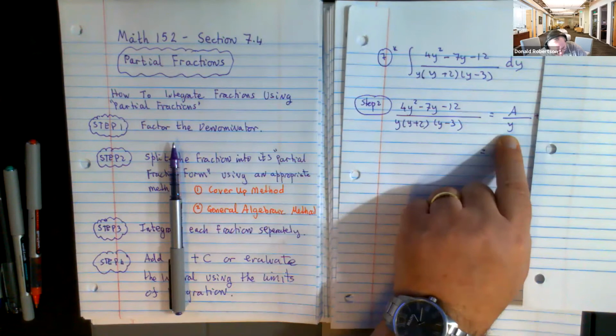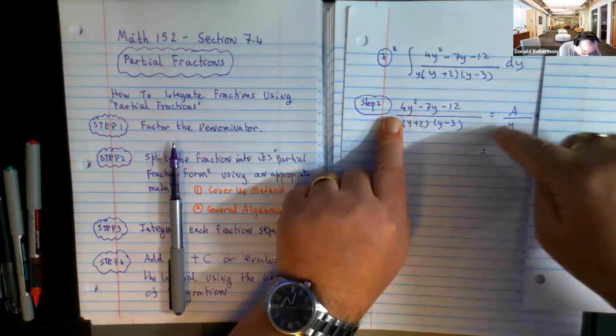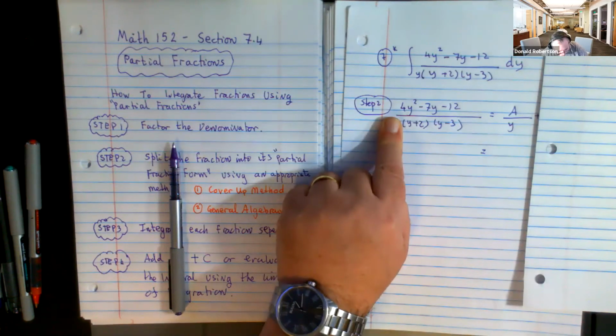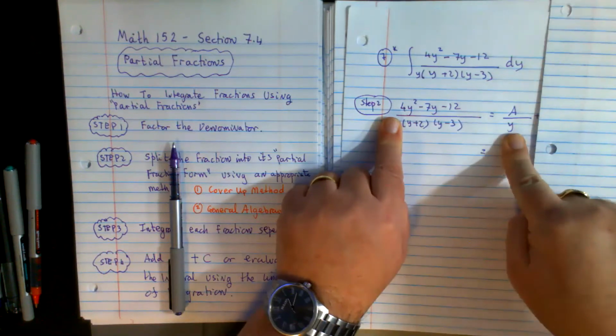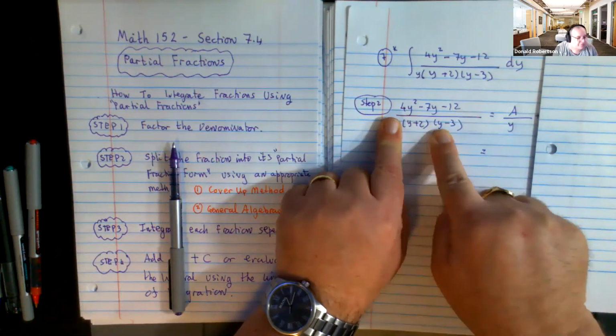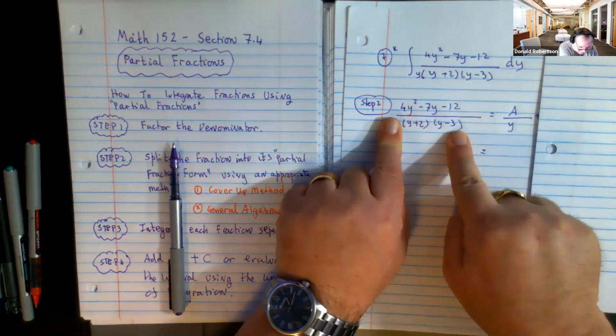Y on the bottom. You cover up Y. What number do I put in for Y now? 0. So on the top, -12. On the bottom, -6. -12 on the top, -6 on the bottom.